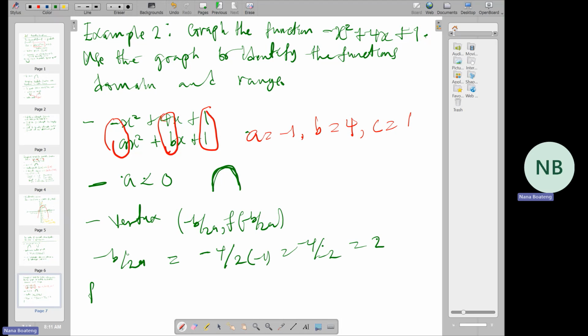And so f of 2 is -2 squared plus 4 times 2 plus 1.